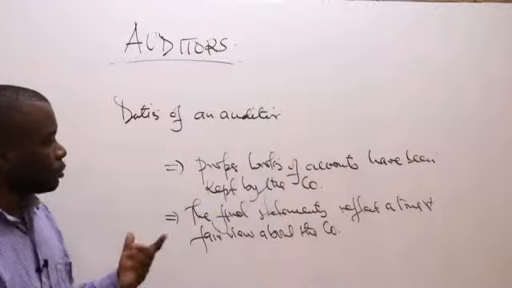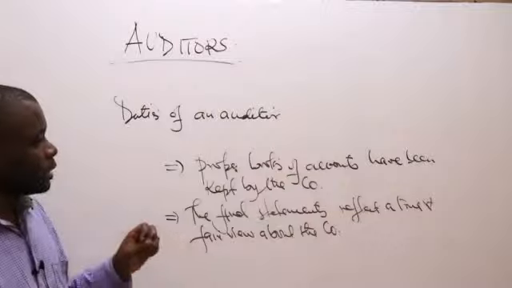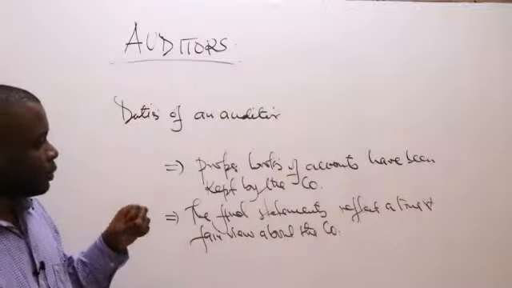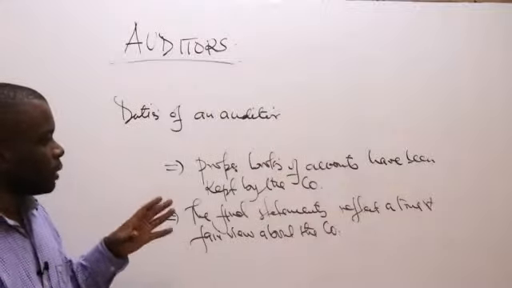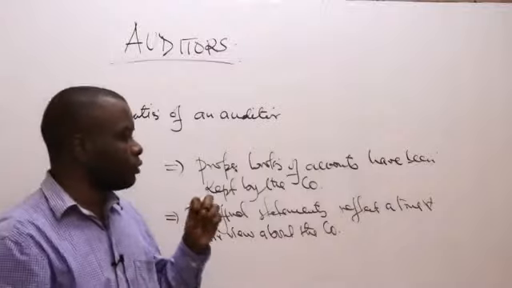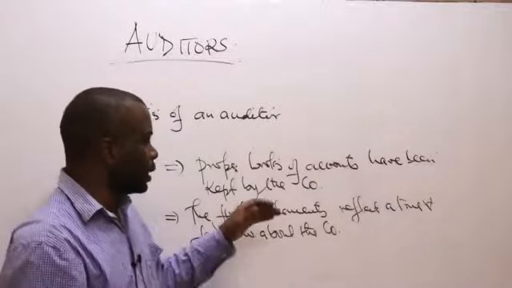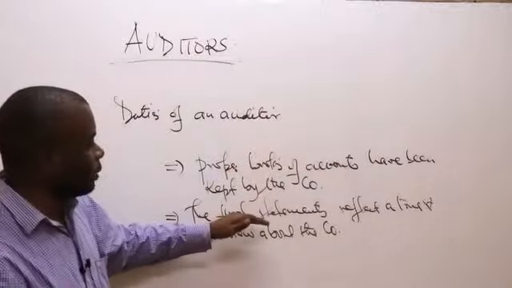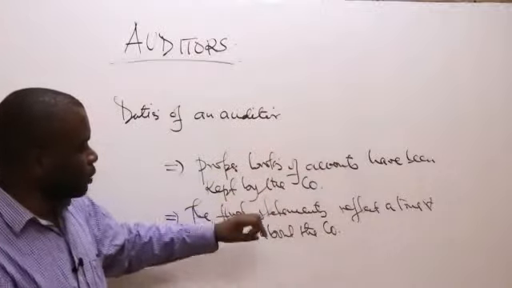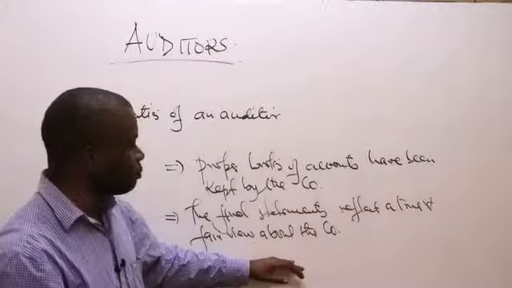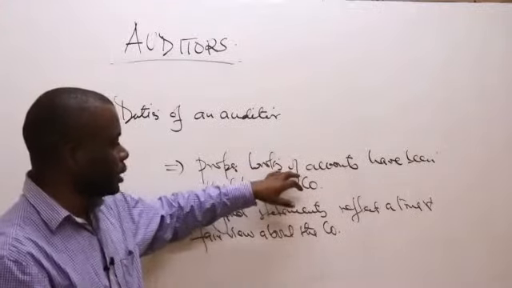When you talk about the books of accounts, it could mean the original books of entry, for example the cash books, all of which have been prepared properly. The company has all the invoices properly kept. From the invoices, that's where you can determine the final statements. So these final statements reflect a true and fair view as indicated in the books of accounts.